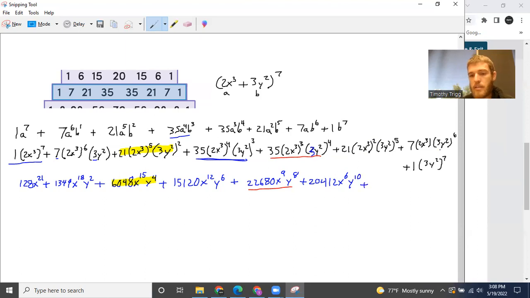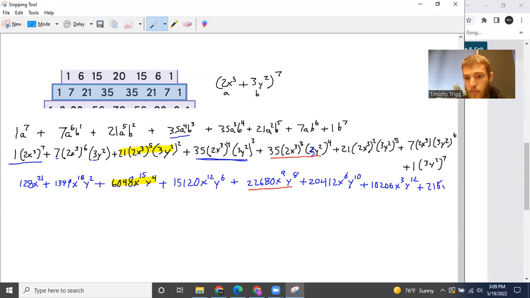Plus, second to last term, 3 to the power of 6. 3 to the power of 6 is 729 times 2 times 7 gives us 10206. We have x to the power of 3, y to the power of 12, and our last term, 3 to the power of 7, which is 2187.